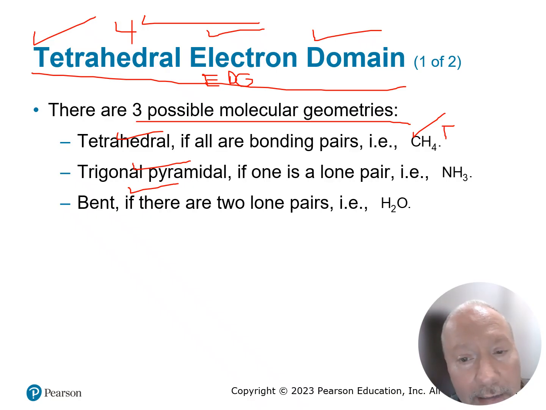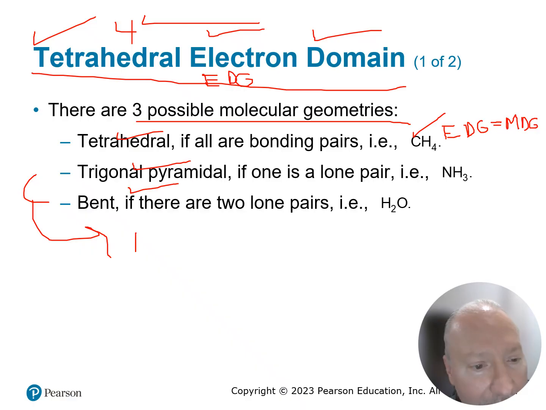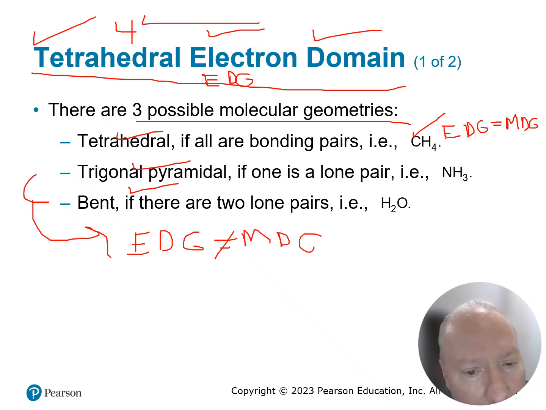So EDG in this case equals the MDG, right? But with these other two, not the case at all. The EDG does not equal the molecular geometry. They are not the same. And we'll see why as we go through this table.